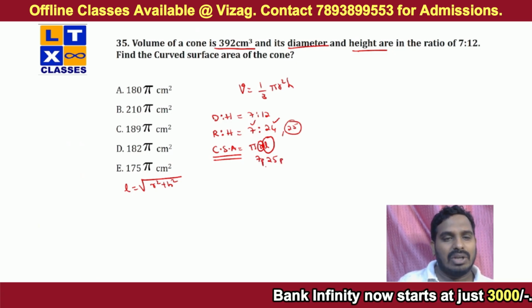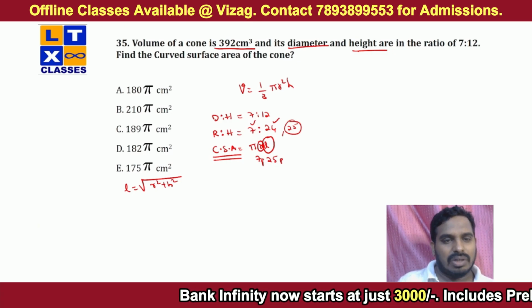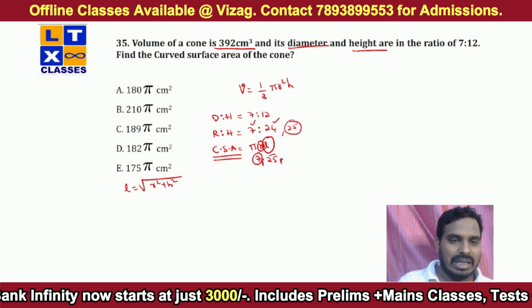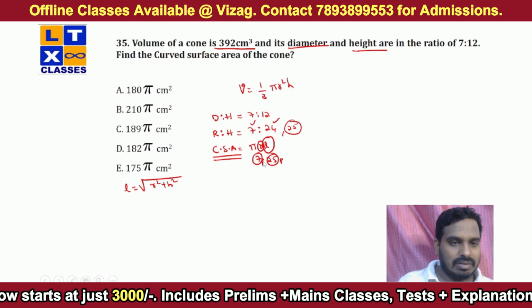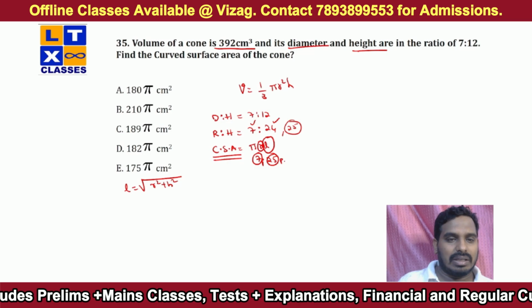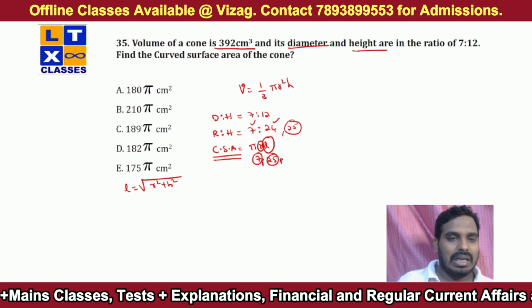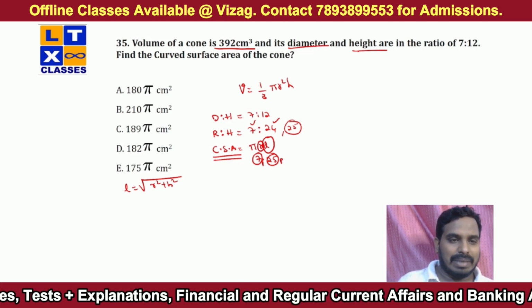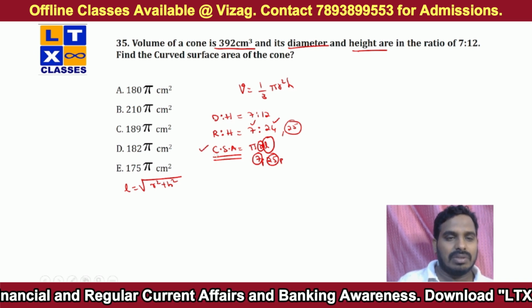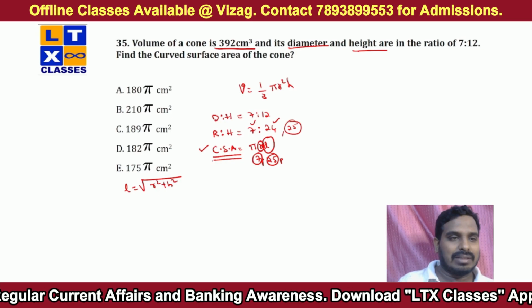Now, whatever the value of x might be, my answer should be a 7 and 25 multiple, right? See, my radius will be 7x and my slant height would be 25x. And if I multiply both the values with pi, I'll get my curved surface area. So there should be a 7 and 25 in my answer.